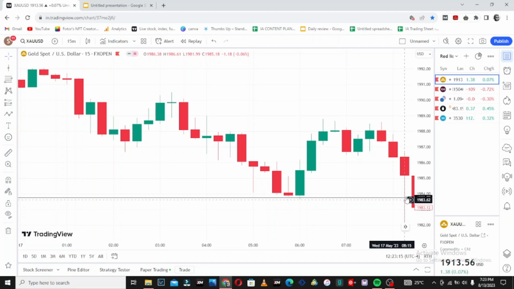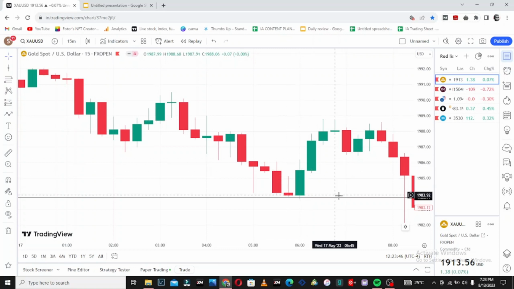People will start going long early so that the market can come back and tap into their stop losses for liquidity. So wicks, pins, these are not breakouts. We are only interested in breakouts. And as I said before, a breakout is a candle that closes outside of the range.